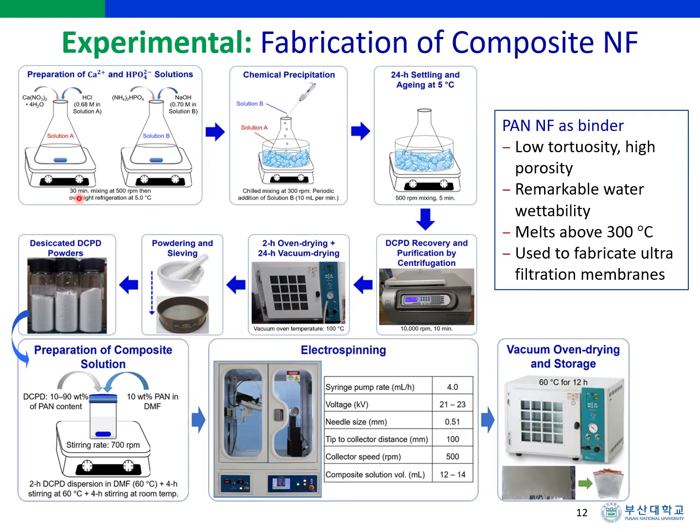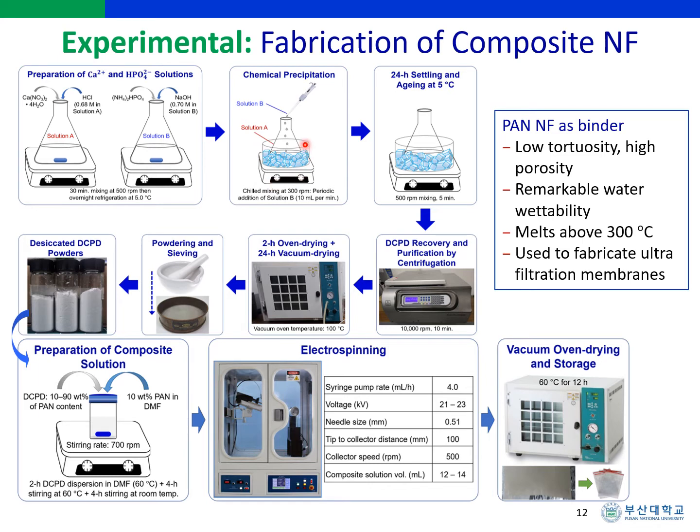Aqueous solutions of 0.40 molar calcium nitrate tetrahydrate in 0.68 molar hydrochloric acid, which we will call solution A, and 0.24 molar diammonium hydrogen phosphate in 0.70 molar sodium hydroxide, which we will call solution B, were prepared by dissolving the necessary reagents in deionized water at 500 rpm for 30 minutes. Solutions A and B were then refrigerated overnight at 5 degrees Celsius.